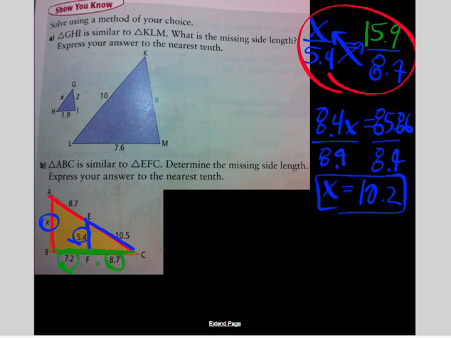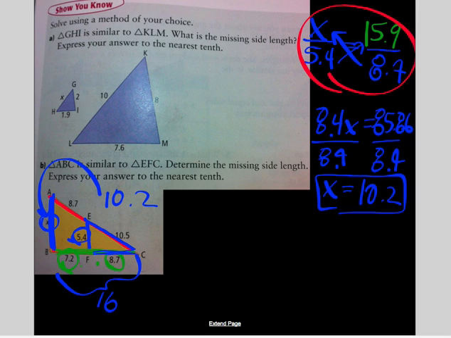So what we're saying is that this side right here is 10.2. Is that reasonable? Yep. Because this side here that we used is, let's call it 16, and this side here is 9. So the small side is just bigger than half the big side.